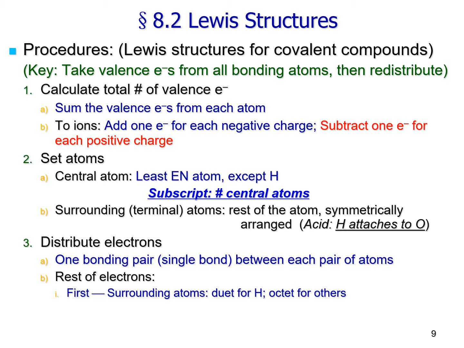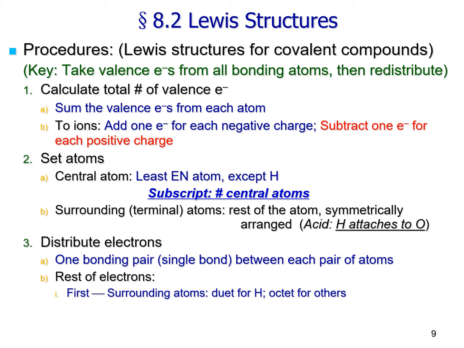Now, I'll take it back. I do not have to say always, but it's almost always true to have enough valence electrons to give the surrounding atoms an octet.